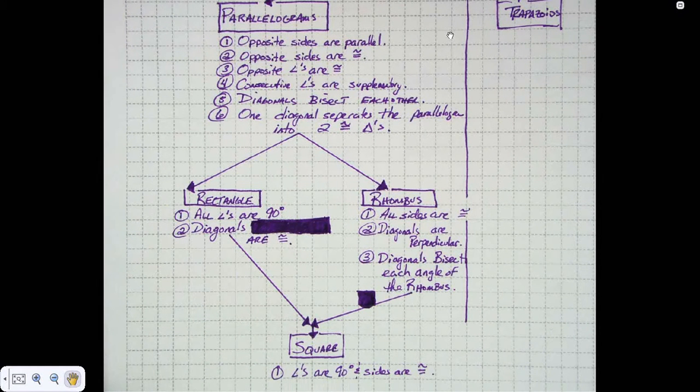So what you're going to have to do is be able to refer to all these and apply them. They'll give you measures for something, and you'll have to apply that.